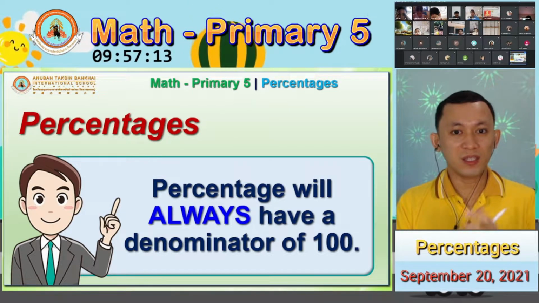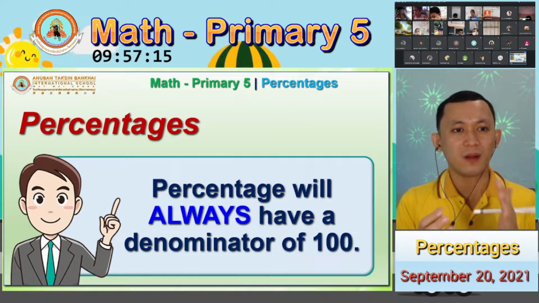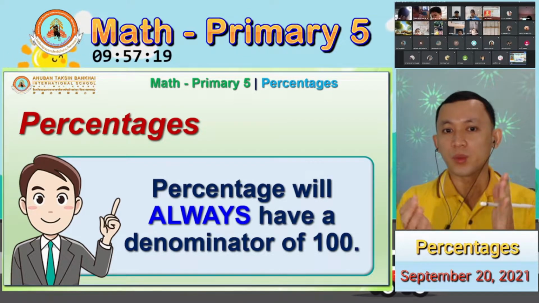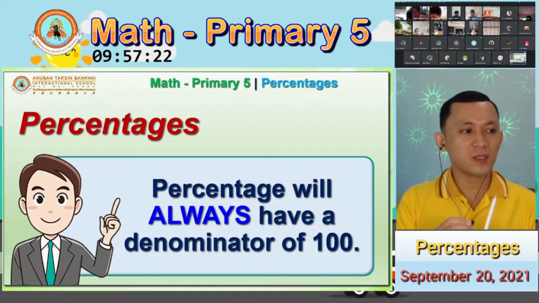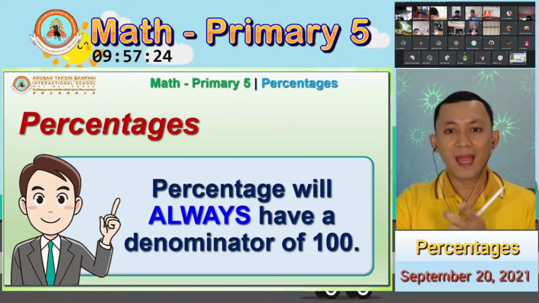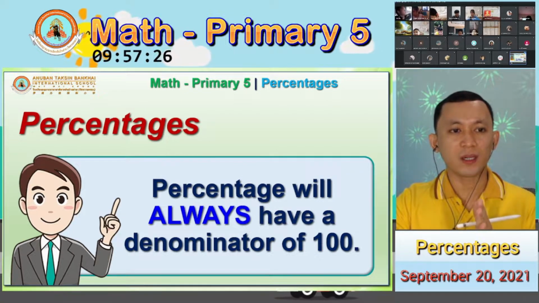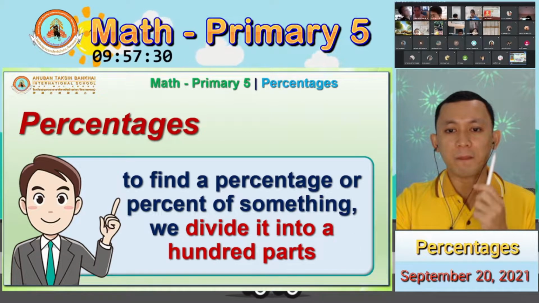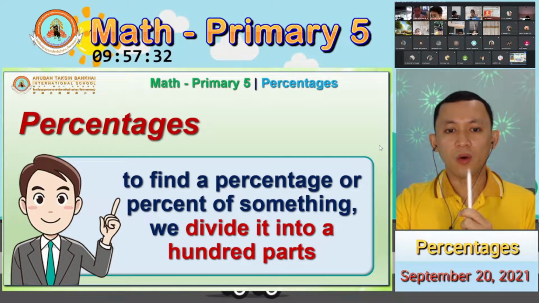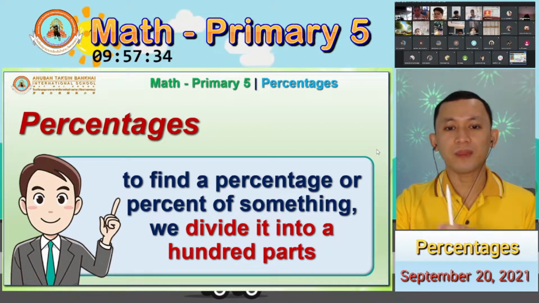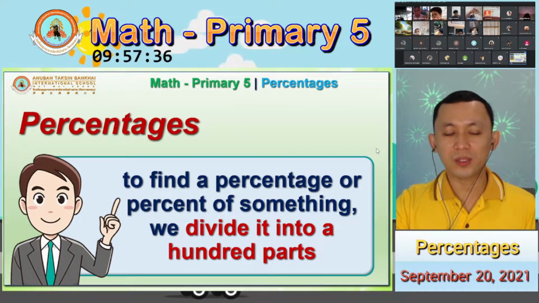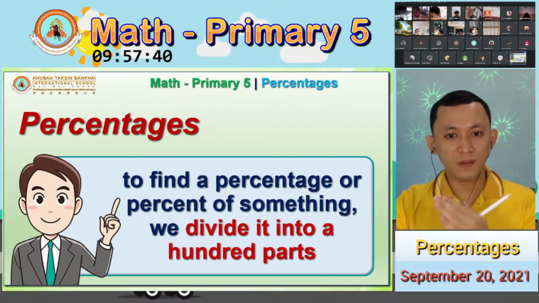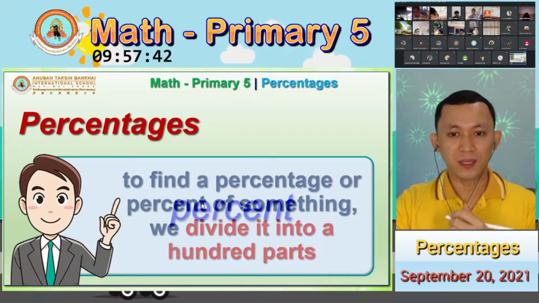So teacher Nga already mentioned, when we say percentage, it involves 100. So we will have a denominator of 100. Now, to find a percentage or percent of something, we divide it into 100 parts. So we are going to divide it by 100.